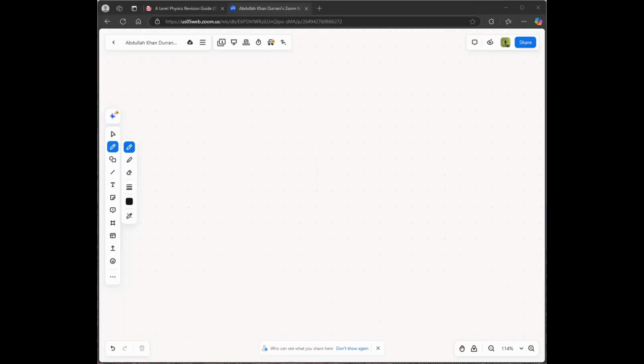So EMF, what is EMF? If you think of a battery, let's say you have a battery connected in a circuit where you have a resistor. This is the battery. The big vertical line is the positive terminal, and the other one, the small one, is negative.